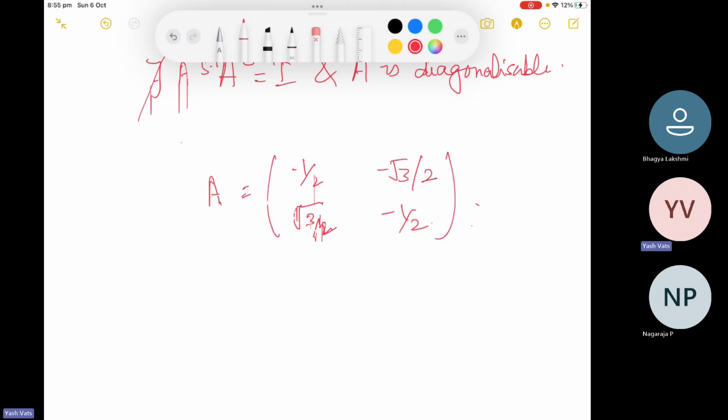Can you check whether this is a diagonalizable matrix or not?